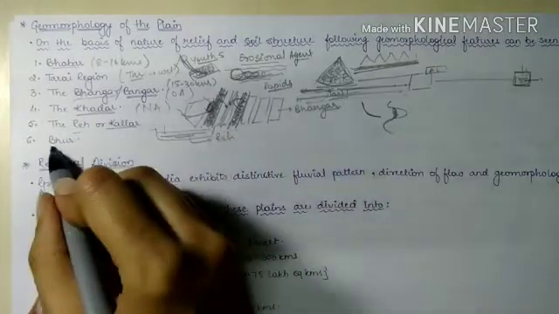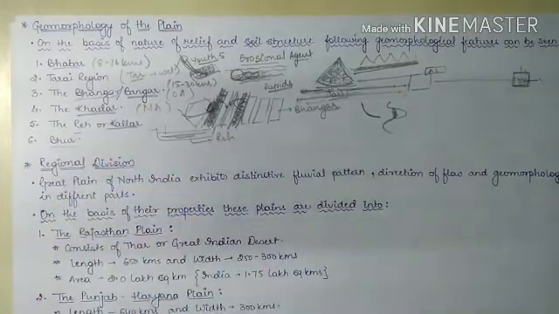Lastly, we have bhoor. Bhoor denotes an elevated piece of land situated along the bank of the Ganga river, especially in the upper Ganga and Yamuna Doab. It has been formed due to accumulation of wind-blown sand during the hot dry months of the year.